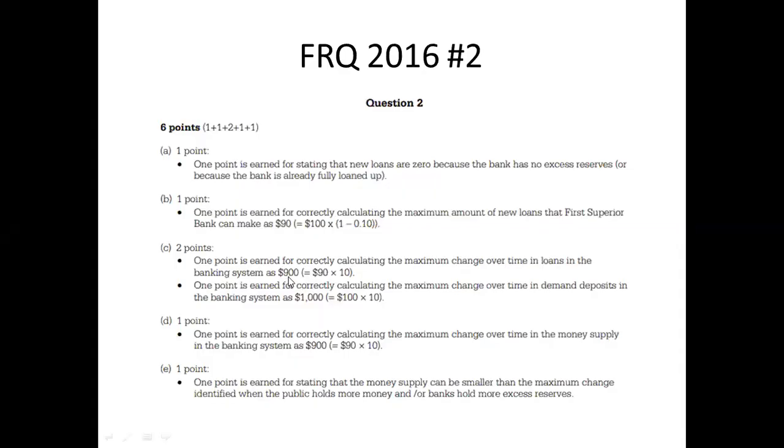Why? Because that money can get loaned out and loaned out. Okay, and you multiply it times the multiplier, which is going to be 1 over the reserve requirement, which is 10%. So it's 1 over 0.1, which is 10.